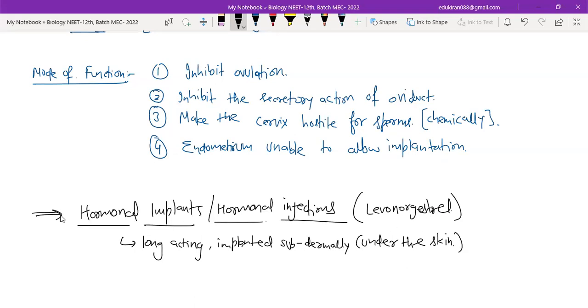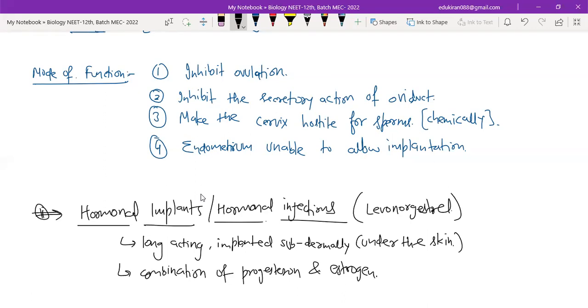So this is for implants. It is just an implant version or injection version of the pills. That's all. And it is also a combination of progesterone and estrogen. Okay, clear everyone?